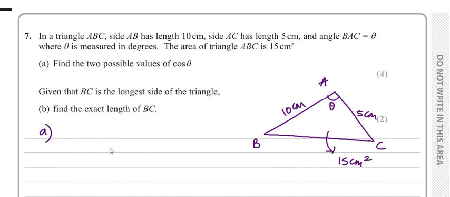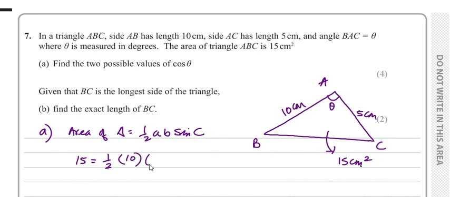So straight away use the area formula for the triangle, which is area of a triangle is equal to half ab sine C. So that is 15 centimeters square is equal to half times a is equal to 10 here, b is equal to 5 here, and sine of the angle in between is sine theta.